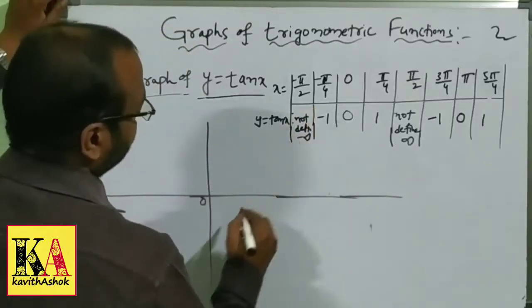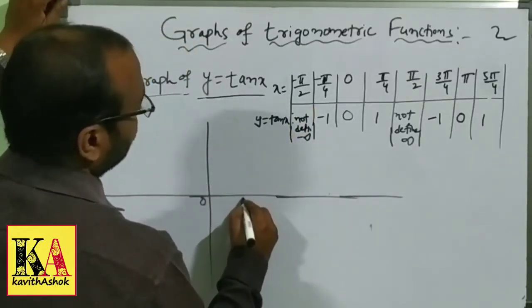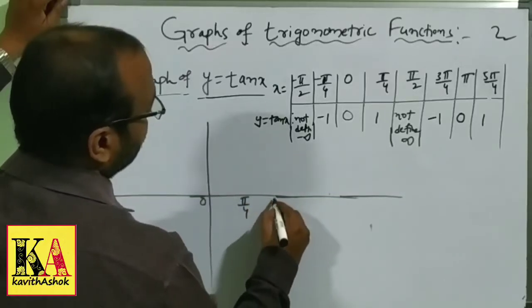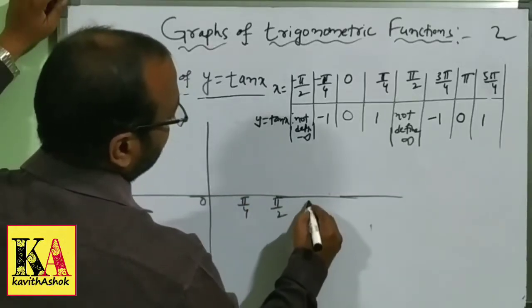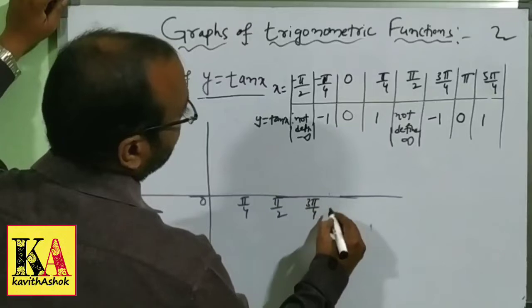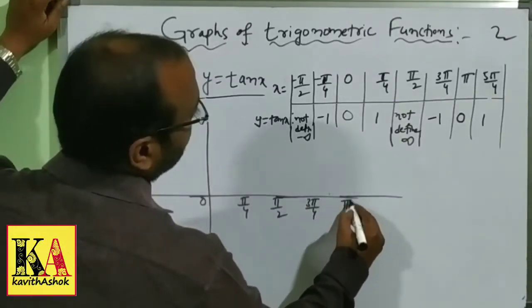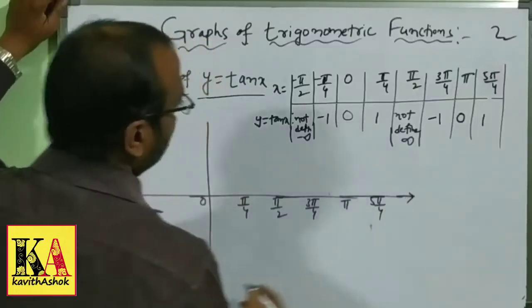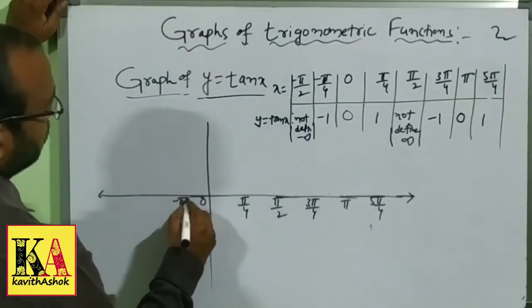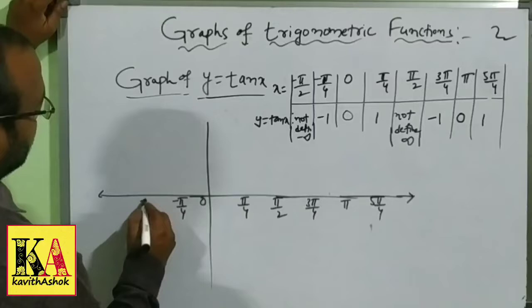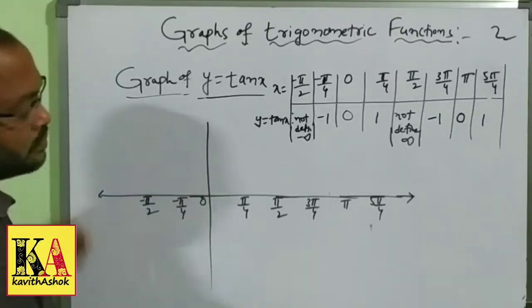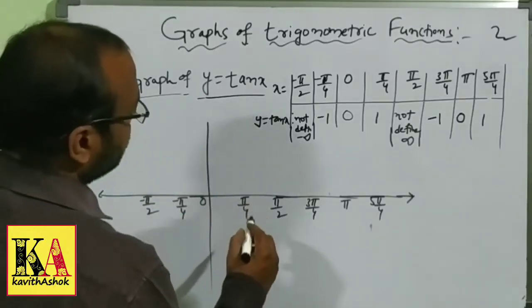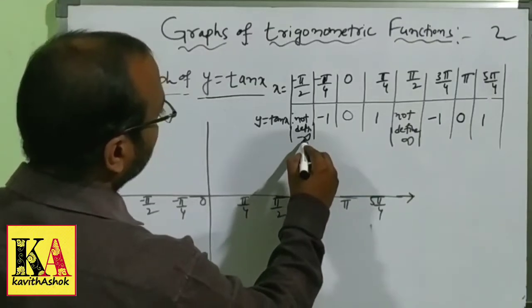Zero, pi by 4, pi by 2, 3 pi by 4, pi, 5 pi by 4, and the negative side minus 5 pi by 4 and minus pi by 2. Right. So now where are we getting infinity?